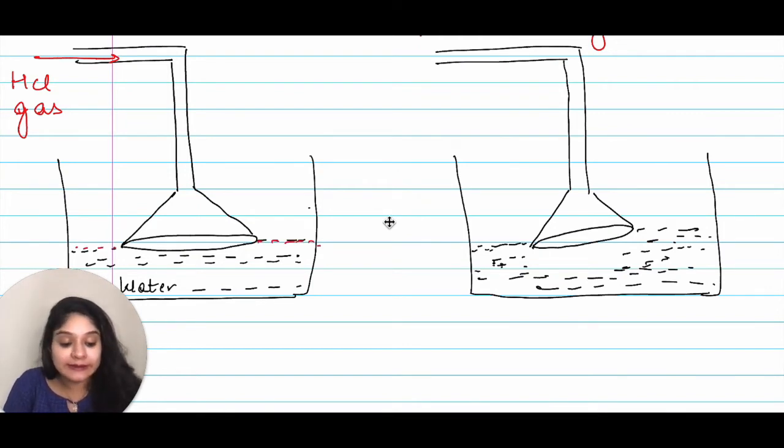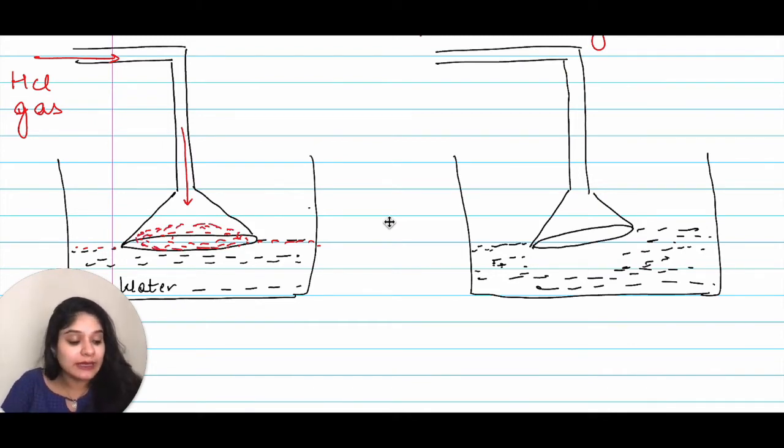As soon as HCl gas is generated and comes in contact with water, the rate at which water dissolves HCl gas is pretty high. Since the speed with which HCl gas is being generated is comparatively low and it is being dissolved in water pretty fast, water will start taking up space in the funnel.